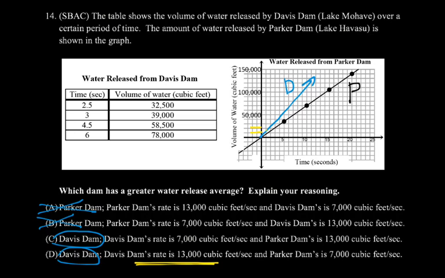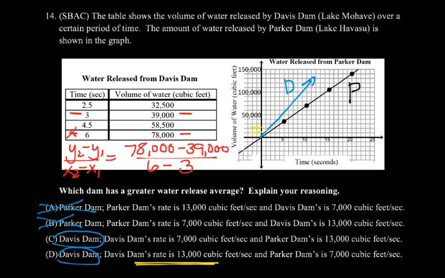What I'm going to do is take these two pieces of information and put them in the slope formula. That's y2 minus y1 over x2 minus x1. So I'm going to say 78,000 minus 39,000 over 6 minus 3.